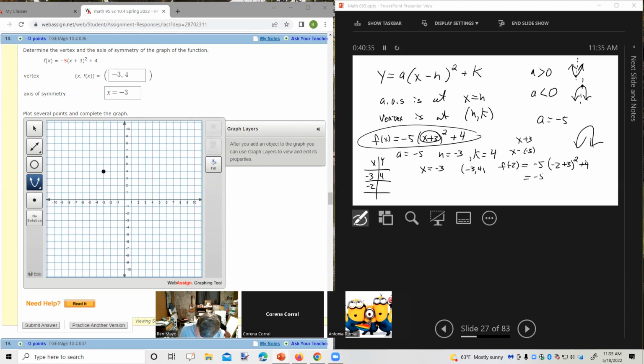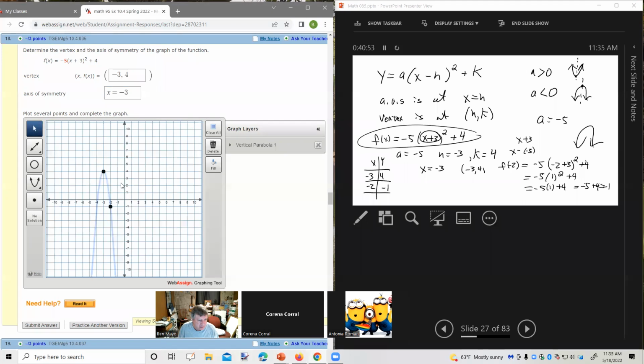So then this is what? -5 times -2 plus 3 is 1. 1 squared, we'd have -5 times 1 plus 4. -5 plus 4 is -1. So my second point is at -2, -1. And there it is. And there's the parabola.